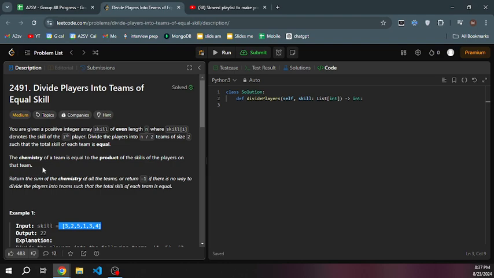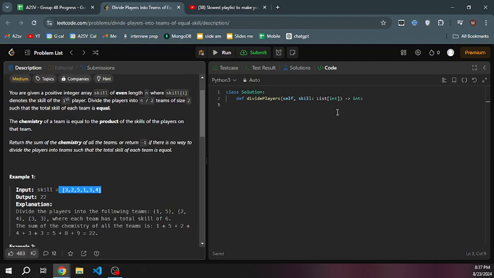If the teams are equally divided, we return the products of those skills. Return the sum of chemistry, after multiplying, we sum up every chemistry. Otherwise, we are going to return -1.